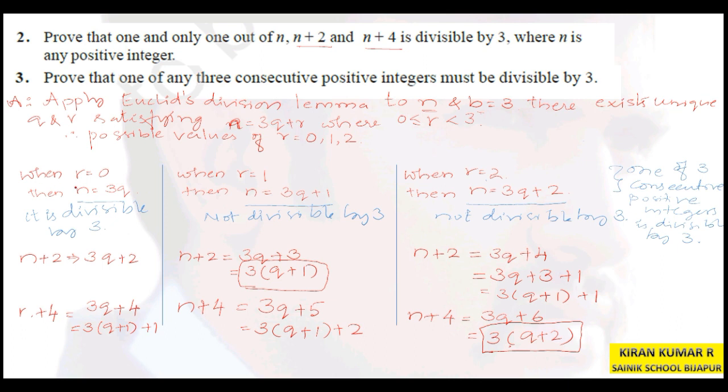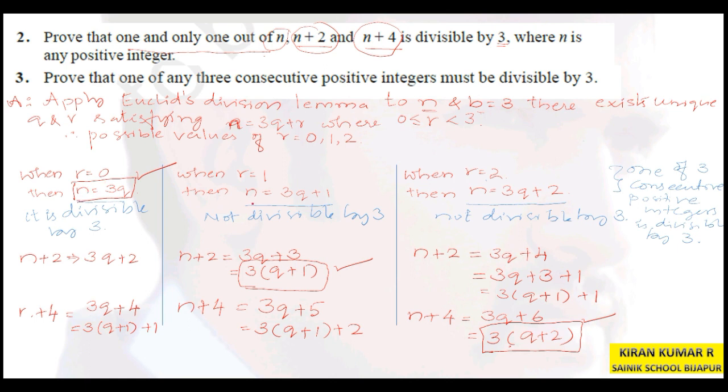In this first one, it was a multiple of 3. So we can conclude that 1 out of n plus 2 and n plus 4 is divisible by 3. For each case, when remainder is 0, only n is divisible by 3.